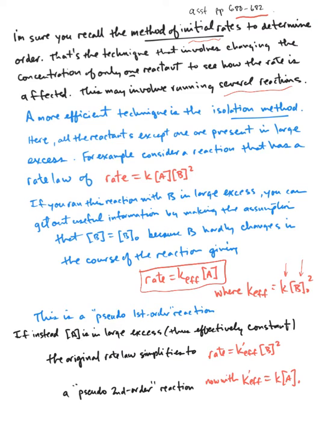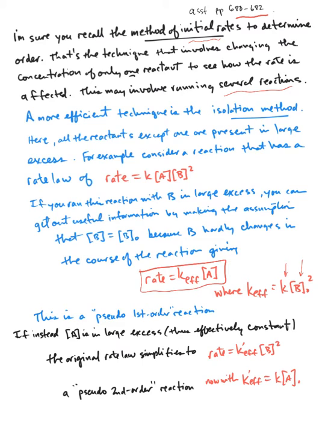Therefore, we don't call it the rate constant, we call it the effective rate constant. This process that I just explained is called a pseudo first order reaction. It's first order in A, but the overall reaction technically is a third order reaction, but you've kind of swamped out the effect of B by having it at such a large concentration.